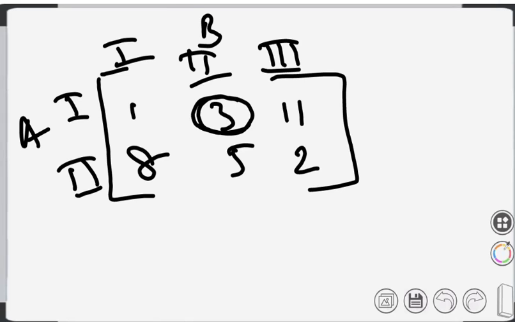That is the meaning of this payoff matrix: the amount of money that will be exchanged during the game. So this 2 means if player A plays strategy 2 and player B plays strategy 3, then player B will give player A rupees 2.